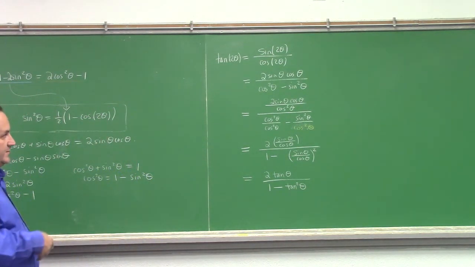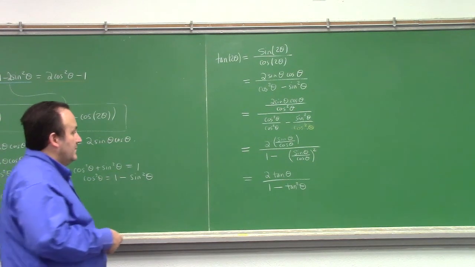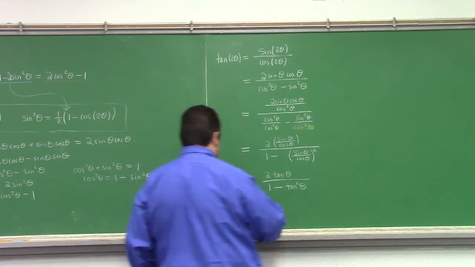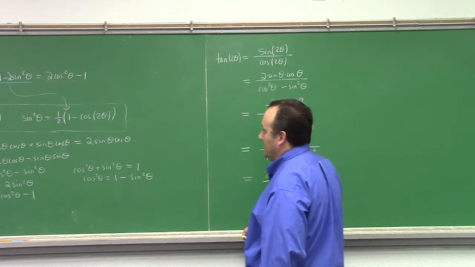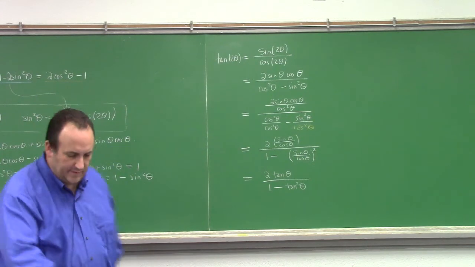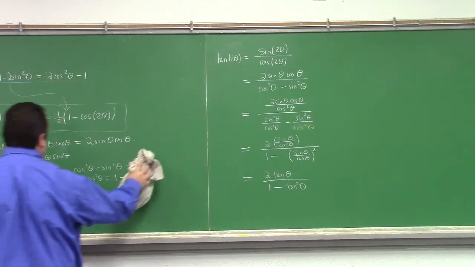Now, this is not the only identity that you could find here. I would point out there's also an identity for tangent squared that we can derive. What would the identity be for tangent squared? I'll do it back over here.